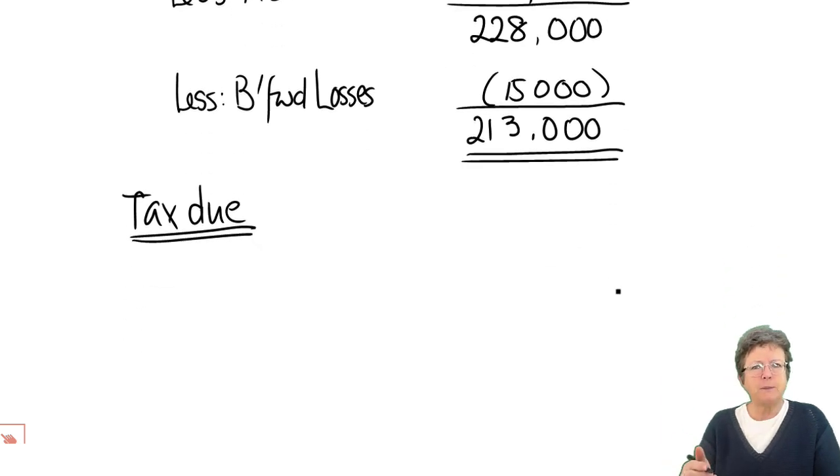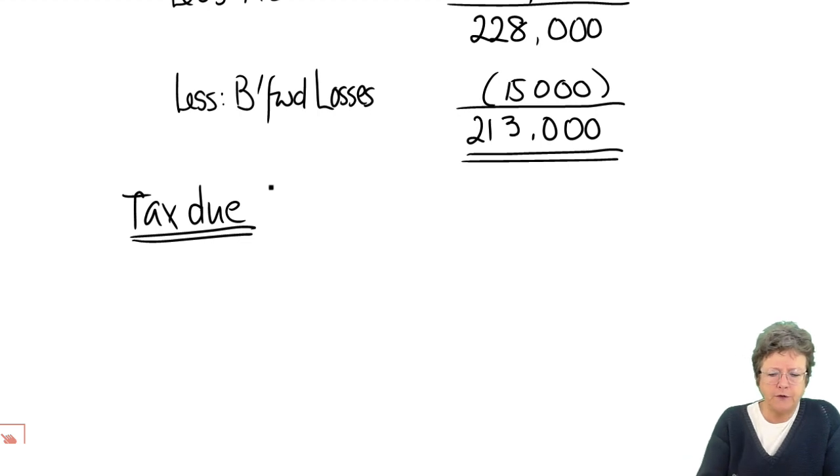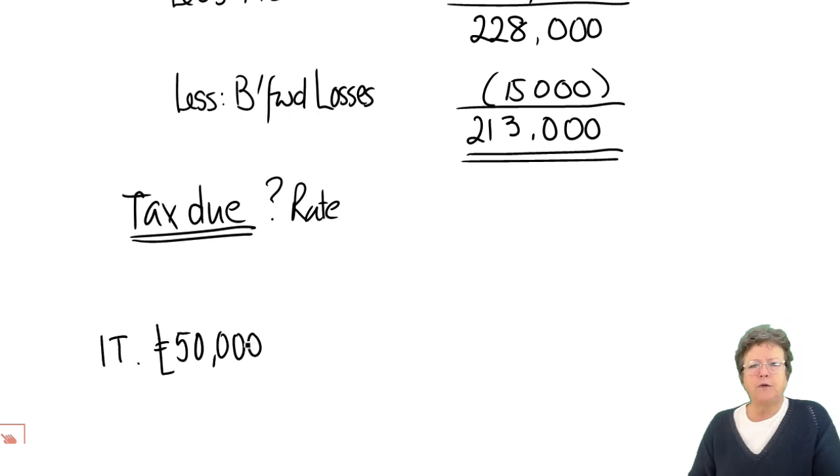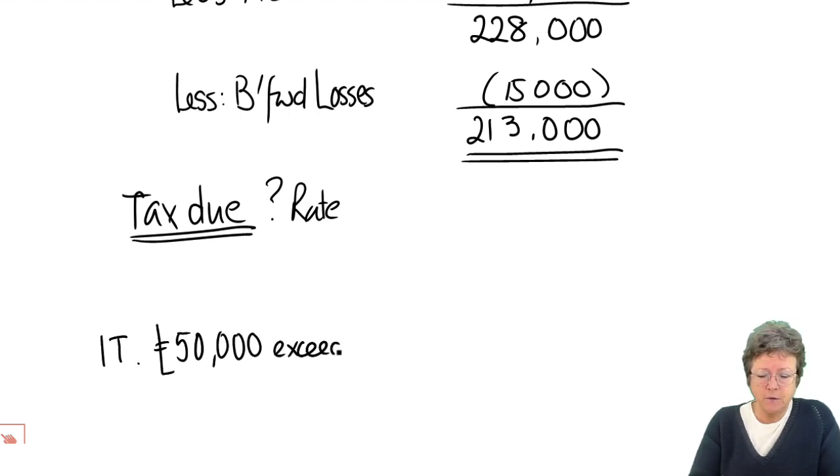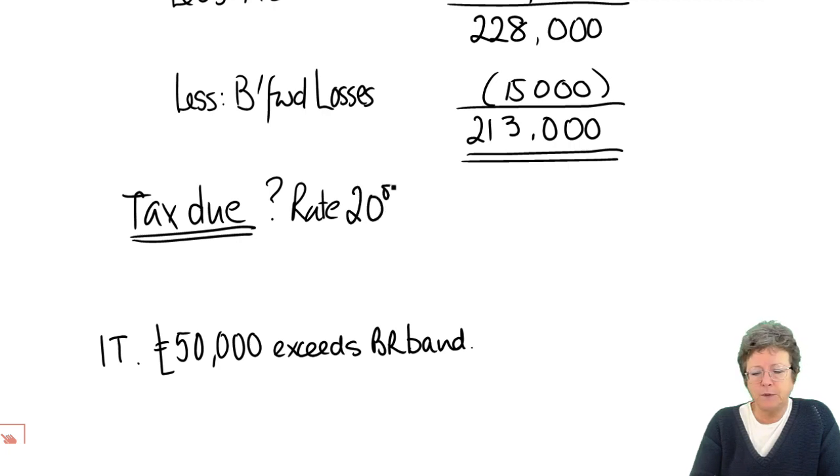Okay, now what rate does she pay tax at? Okay, what is the rate? Her income tax position was that she had £50,000 worth of income. That exceeds the basic rate band, and therefore the rate is 20% because she is a high rate taxpayer.